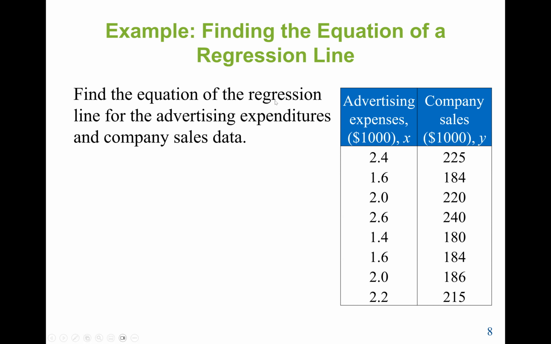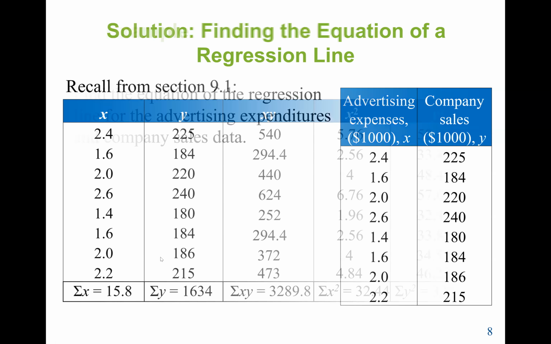So let's find the equation of a regression line for advertising expenditures and company sales data. We want to see if there is a relationship between the amount a company spends on advertising and the revenue that they generate, or the company sales. Here we have sales data for a few years and also the expenses.